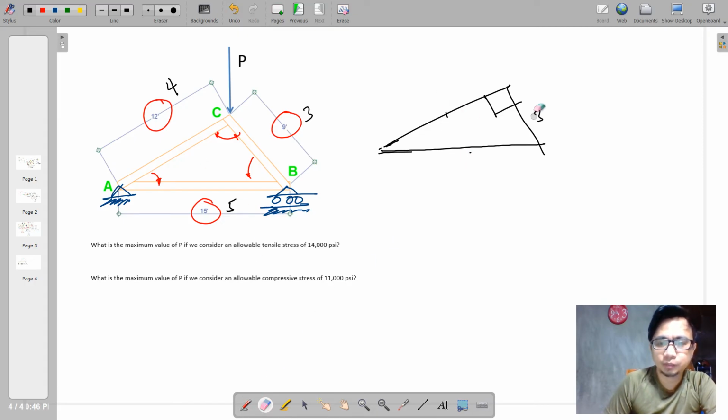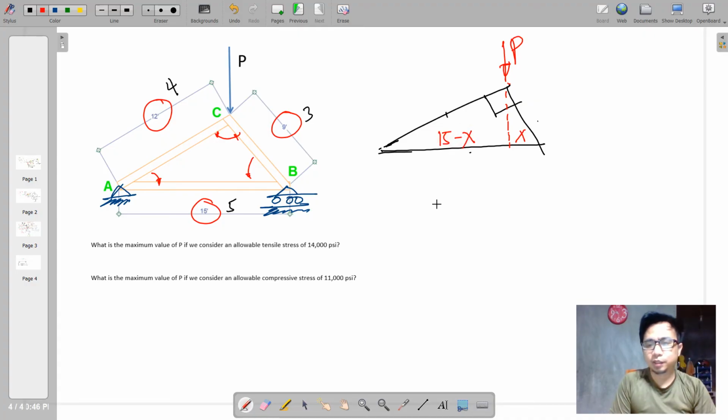Okay, so having that condition, of course, if we have P here, we need the distances here. Say this is 15. We do not know yet this distance, that is x, and the excess here is 15 less x. Now we start to name the angles.